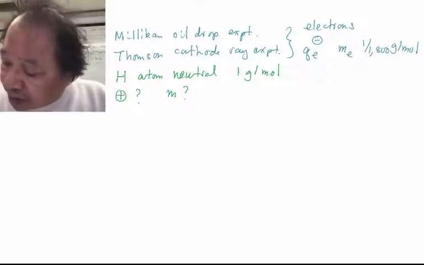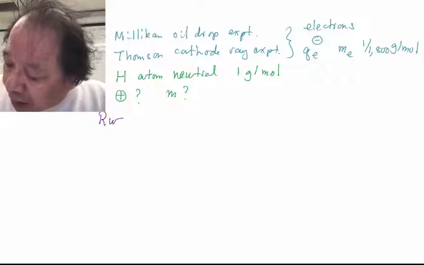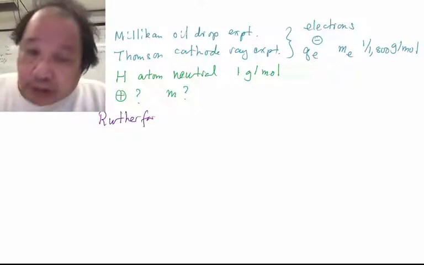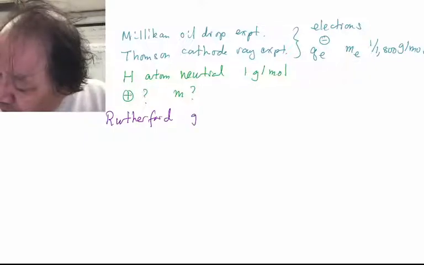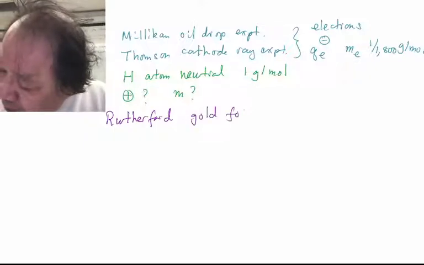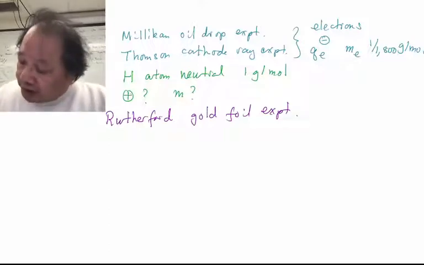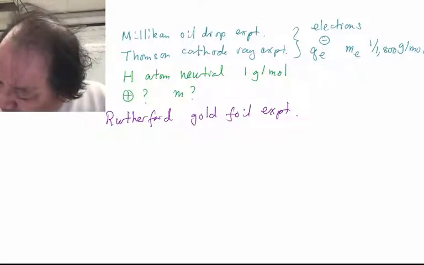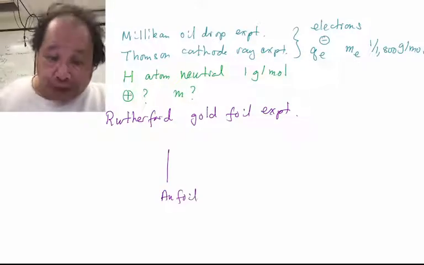And the first experiment, which gave us clues as to where the plus charge and the mass is, was the Rutherford gold foil experiment. And in this experiment, you take some gold foil, and gold foil can become very, very thin.